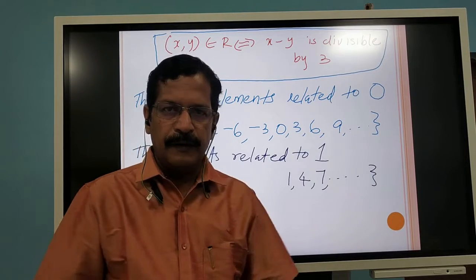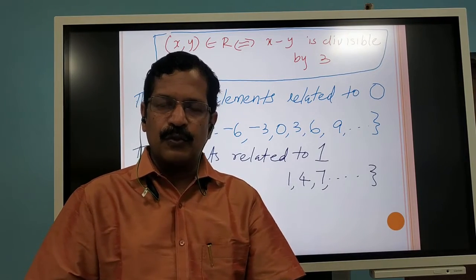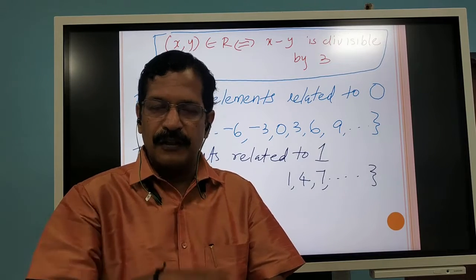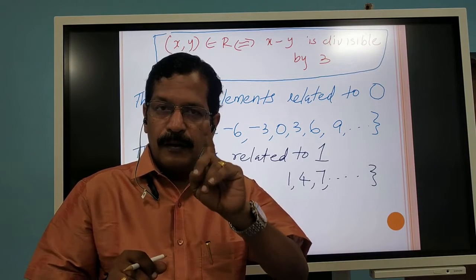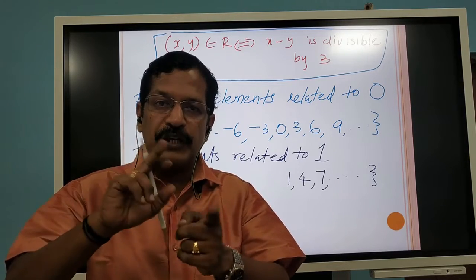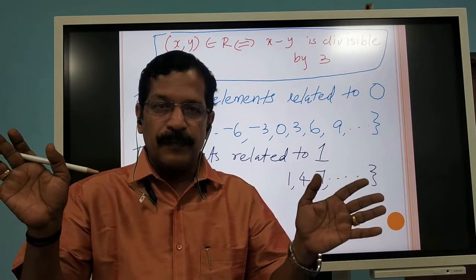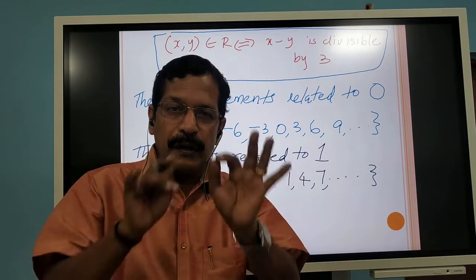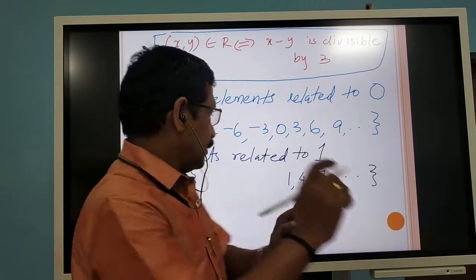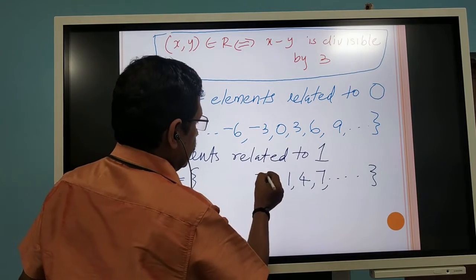Now the left side of 1. Whether 0 is related to 1? No. 0 minus 1 is negative 1 only. It is not divisible by 3. Minus 1: minus 1 minus 1 is minus 2, it is not divisible. Negative 2 minus 1 is negative 3, which is divisible. So negative 2 is possible.